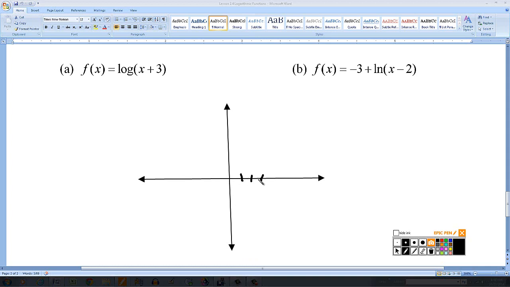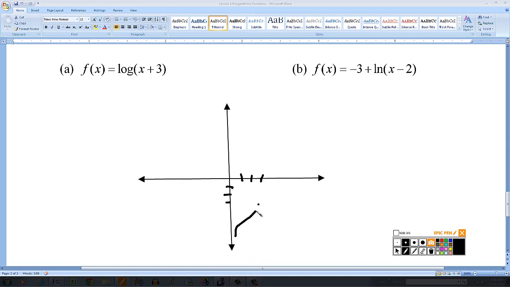So without the minus 3, the graph would go like this and approach the x-axis. Now what the minus 3 does is move it down 3 units. So let me go 1, 2, 3. Instead of this point being there, it's going to go here, and it's going to go something like this, and it's just going to go up.